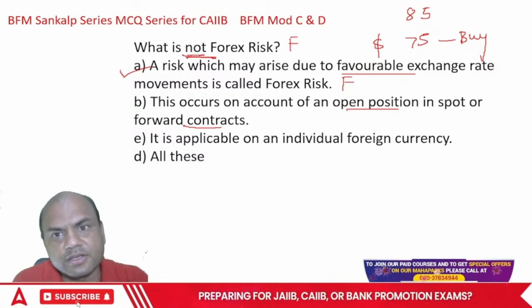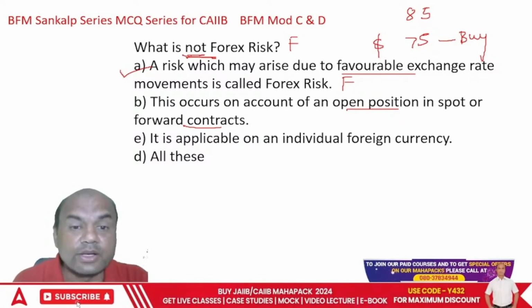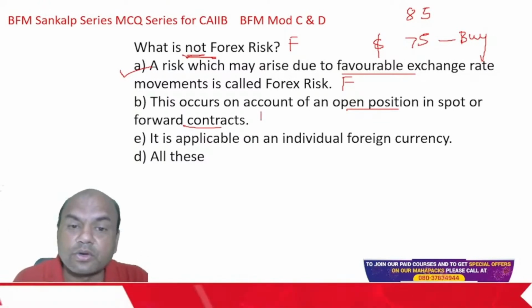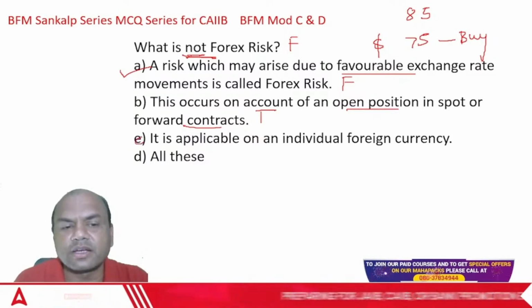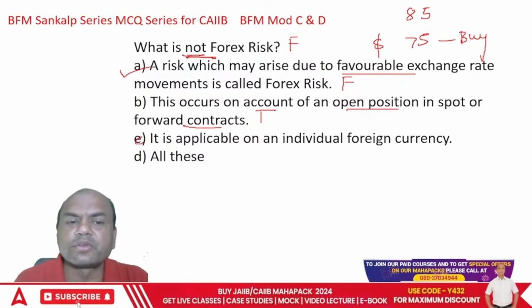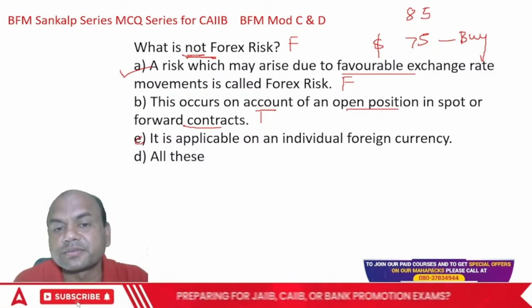Same logic, day-end position. So this will definitely arise because of this. So this is true. In the exam, don't even check this third answer, because you know this is true. So all of them can't be the answer. A is the answer.